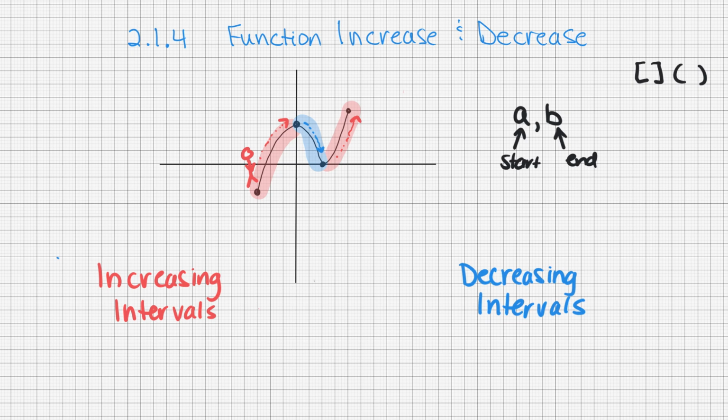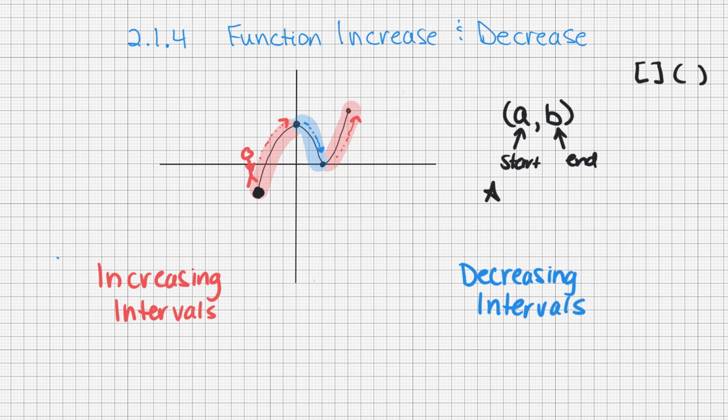But for increasing and decreasing, again, we have to think about that point. Is that point right there increasing? That point right there, the stationary point, is that increasing? No. So we're always going to use parentheses because at that particular point, we can't say whether it's increasing or decreasing. By definition, we can't.